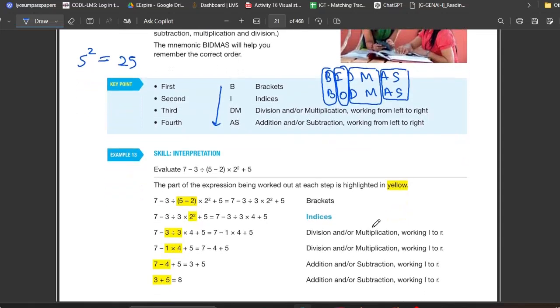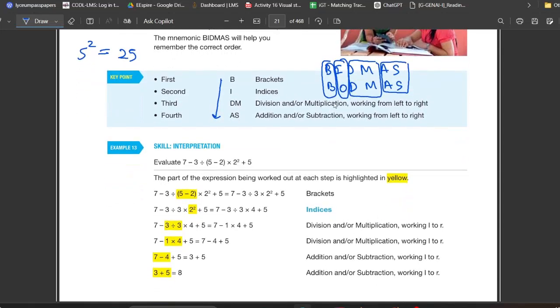So they have given us an example here. By looking at this, you can see there's a bracket, so our first thing is to do that. So 5 minus 2 is 3. Second, we have to do the indices or order. Then we get 2 to the power 2, that's 4.